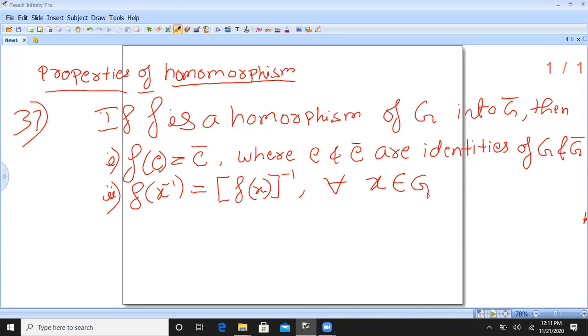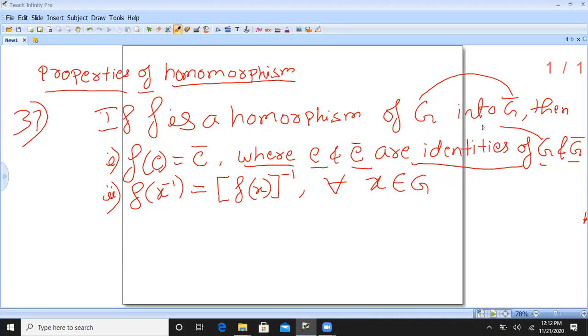So what does the theorem statement say? If f is a homomorphism of G into G bar, mapping G into G bar, then f(e) = e bar, where e and e bar are the identities of G and G bar.